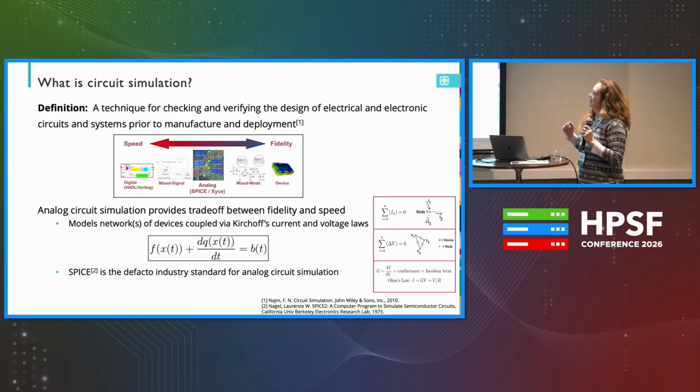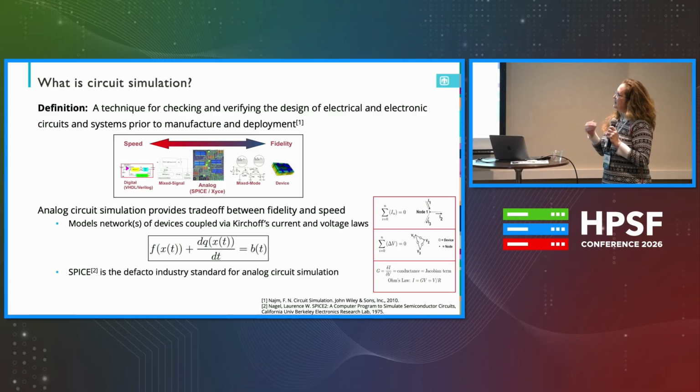The fact of the matter is, at least in the circuit simulation we develop at Sandia, we're interested in the fidelity that it's at. It sits in between a nice range: if you go over to the right-hand side, you have device physics. Those are PDEs, very expensive computations.